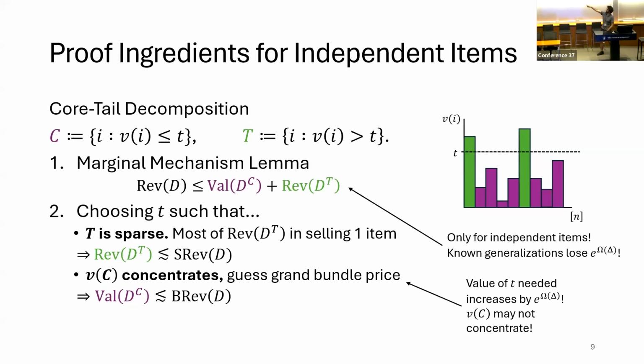The second problem we run into is that the core value is now much harder to control. First, the threshold value of t that we need to set suddenly increases by a factor of e to the delta in order to get our nice sparse condition for the tail to hold. So not only have the item values of the core increased by a factor of e to the order delta, but concentration itself breaks down because the items are no longer independent.